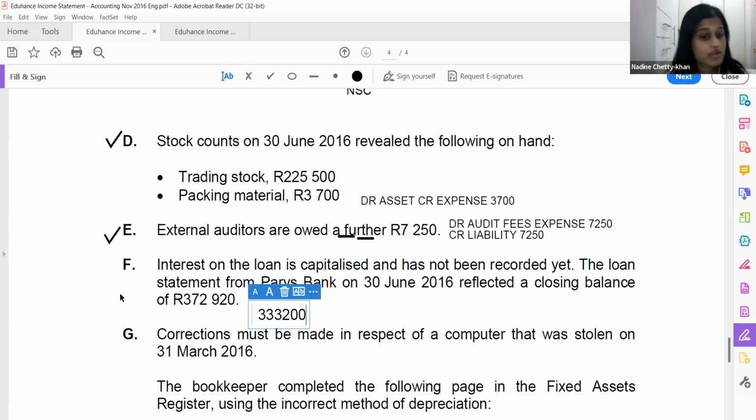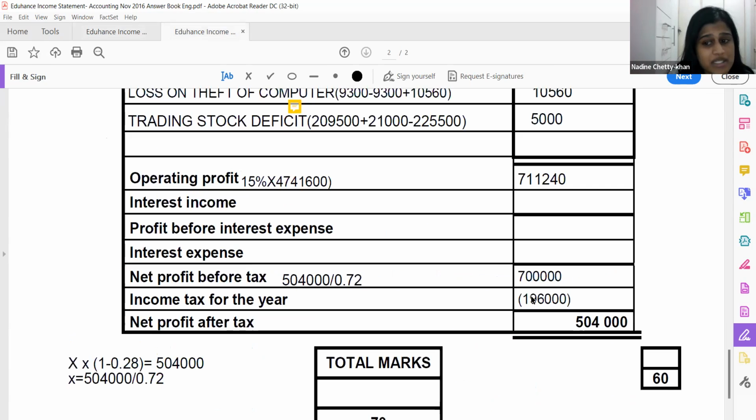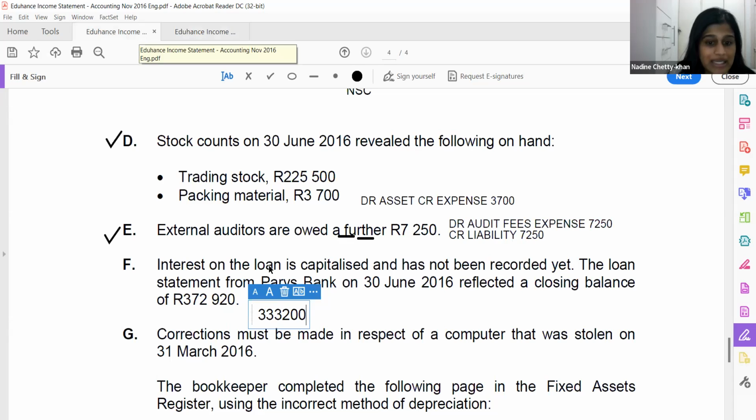There was no additional information on the loan, firstly. Secondly, if you look at the income statement, there's no way I can get to this amount by doing any other adding and subtracting. So I can safely assume that the increase from the pre-adjusted amount to the final statement balance is all from interest.